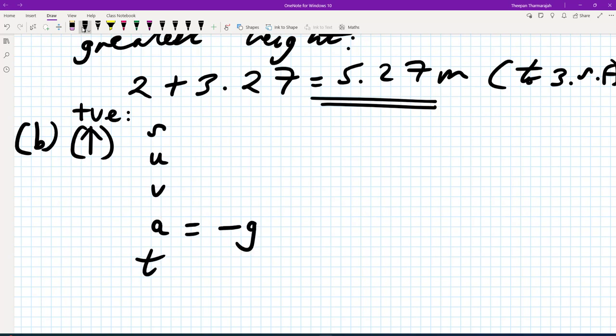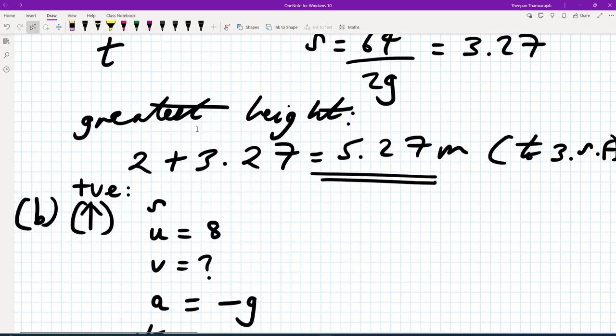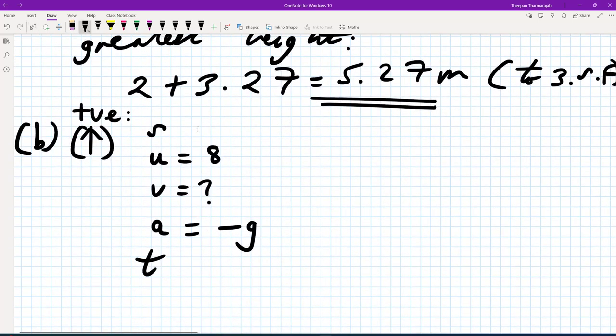So a is minus g. Now don't forget that in the upward sense it will be the j component, which is 8. We were trying to find the velocity, and we also know that the displacement would be minus 2, because it's 2 meters below the point of projection. So s is minus 2.